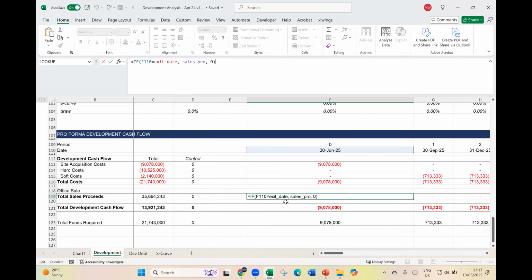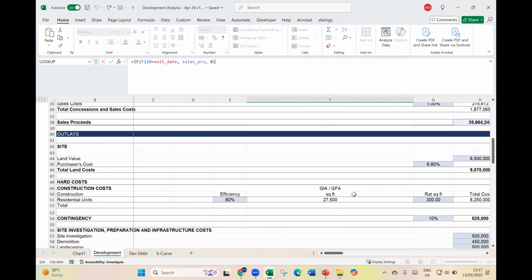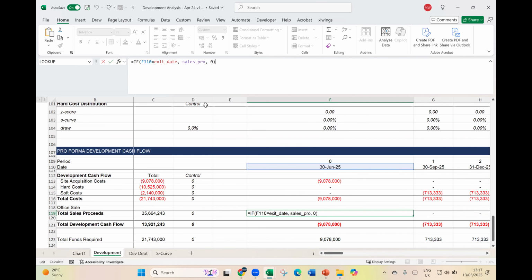Okay, so here as well, I'm using the name here, exit date. How does Excel read your mind that you want the exit date? It's not that it reads your mind, it's because you have named the cell exit date on top of here, right? So this is also naming cell. This is the technique. So you're gonna name your cell here. If the date equals exit date, then you're gonna get your sales proceeds.